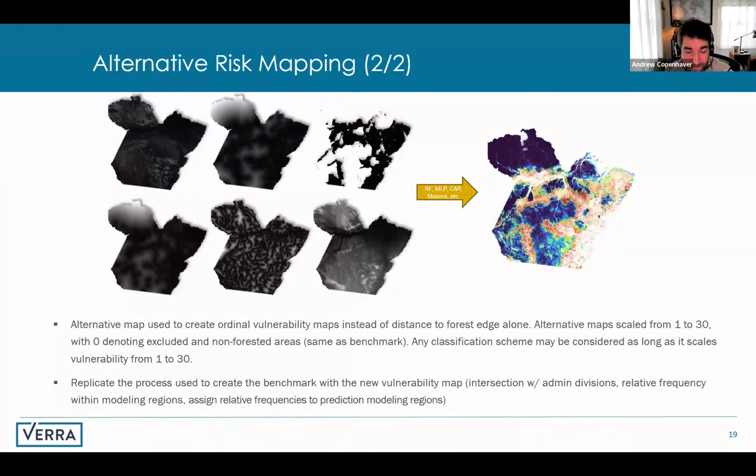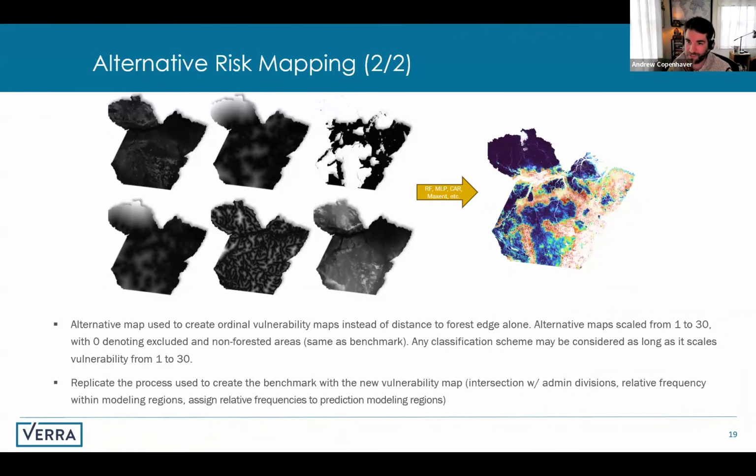And I should also note that for the time being, we're allowing for alternative risk maps, but the alternative risk maps must then be classified to those ordinal vulnerability maps that I had referenced before. This is something that we're going to continue evaluating and keeping an eye on the impact of this. But think of the probability map created from the alternative models as a one-to-one replacement for the distance to forest edge maps in the modeling process.